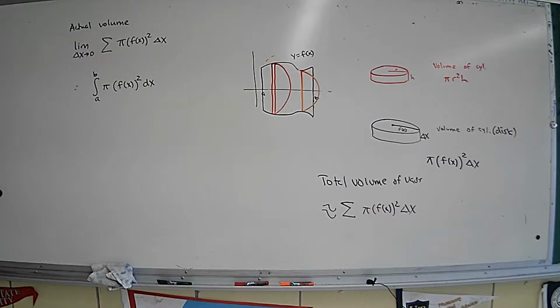Which would be the height of this one, and then this would be the outer radius, or that would be the radius or the base of this one. And then I square this. And then you get the integral of f of x dx squared over b minus a squared, minus b minus a, pi.